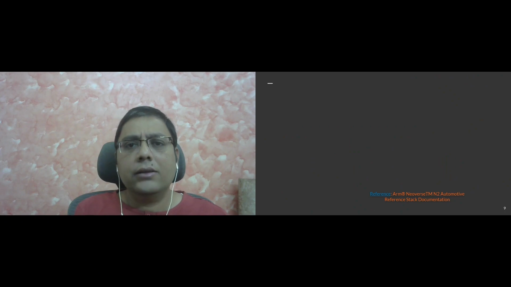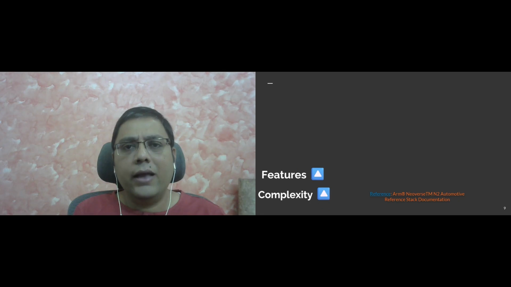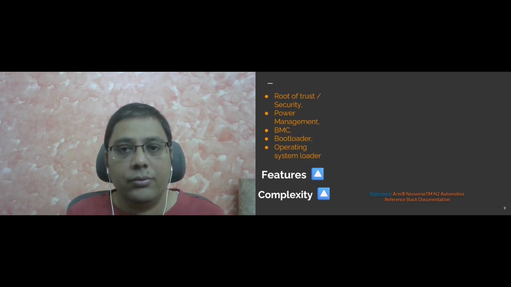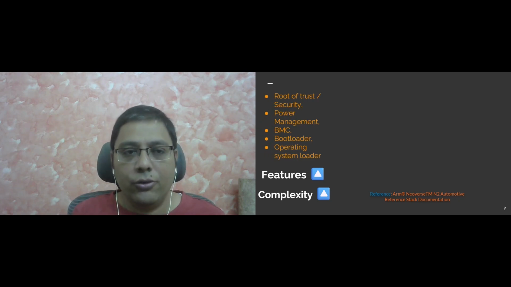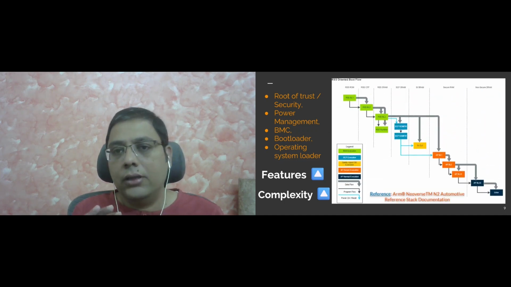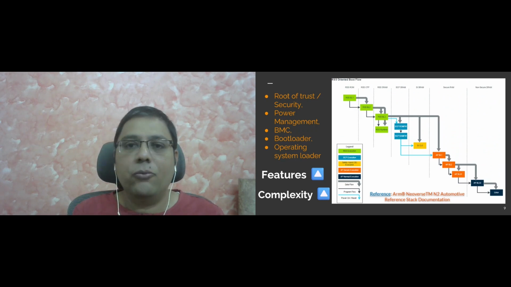So, as we can easily infer, as one adds more and more features, the complexity of the boot flow also increases, and the firmware involved also increases proportionally. So let's talk a bit about these features. Let's say we add features like root of trust, power management, bootloader, operating system loaders, or even RTOS loaders to the boot design. As you can see, the boot flow now starts to become a bit more complex.